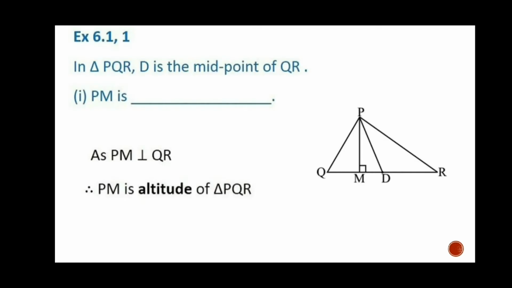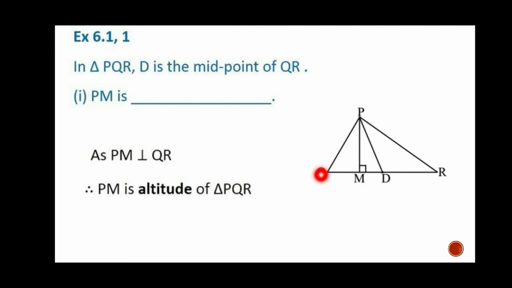Now we will start exercise 6.1. The first question is, in triangle PQR, D is the midpoint of QR. You can see in the figure there is a triangle PQR given and D is the midpoint of the side QR. It is asked, PM is dash. So we have to tell what this PM is called.